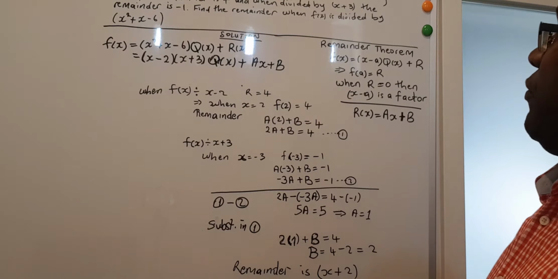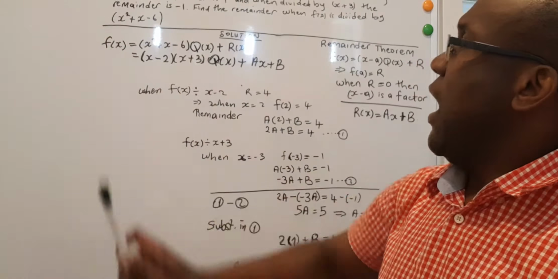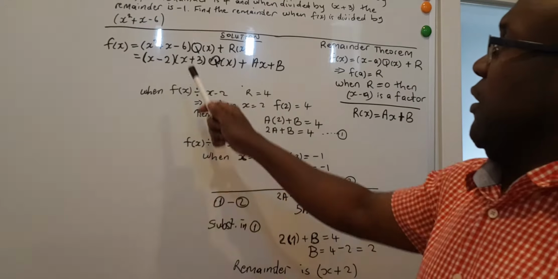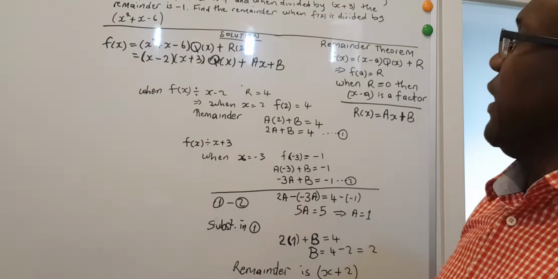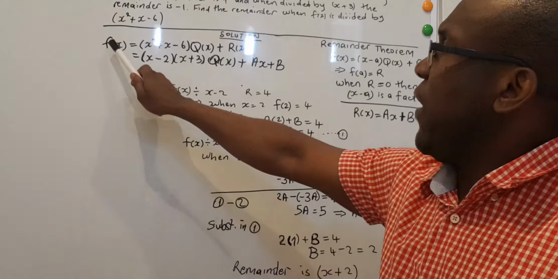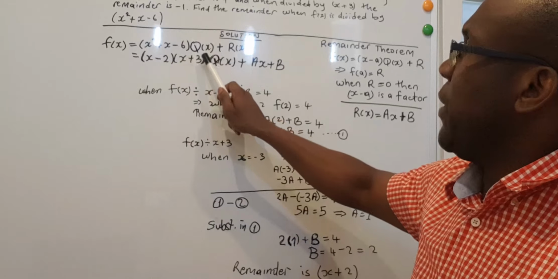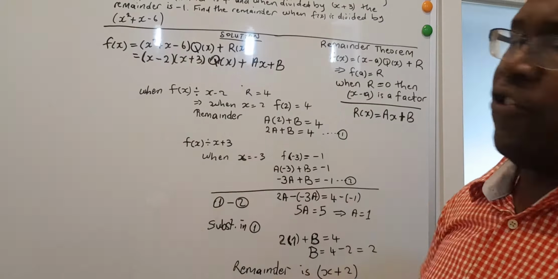In the remainder theorem, the idea is that if I get a function f of x and I divide that function by another function and get a remainder, then I can express it in this form. f of x will be written as x squared plus x minus 6, for example, multiplied by a quotient function plus a remainder function.